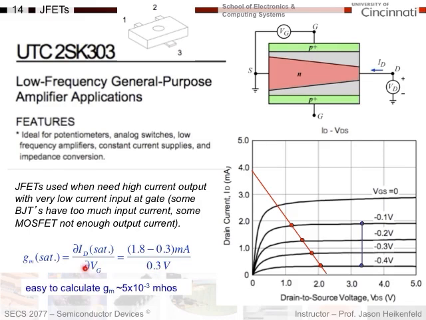How much is my output current change? Well, based on the load line, the maximum it changes by is 1.8 to 0.3. That gives me milliamps over some kind of volts. If I calculate that, I get a transconductance of 5 times 10 to the minus 3 mhos, right? It's conductance, so it's not ohms, it's mhos.